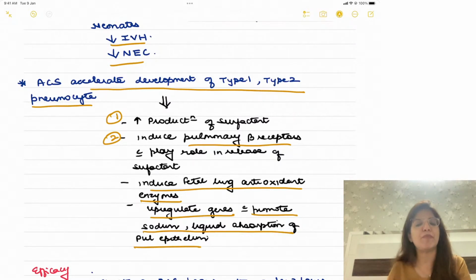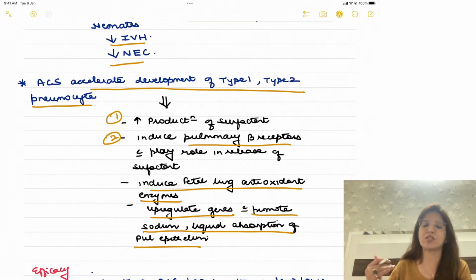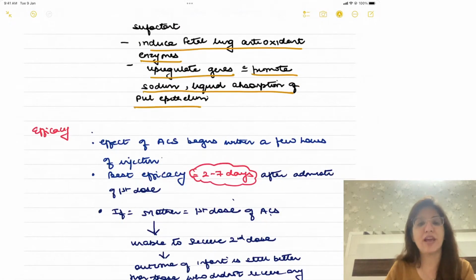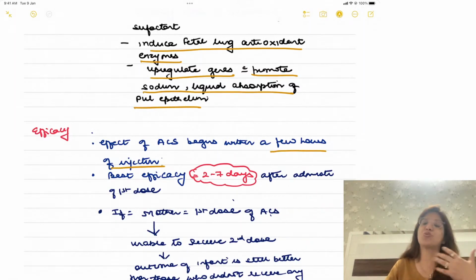So these are all the ways by which antenatal corticosteroids help in decreasing respiratory distress syndrome and transient tachypnea of newborn. Right? Now, when we talk about efficacy of antenatal corticosteroids, please remember that the moment you give antenatal corticosteroid injection, within a few hours of the injection, effect is going to begin.